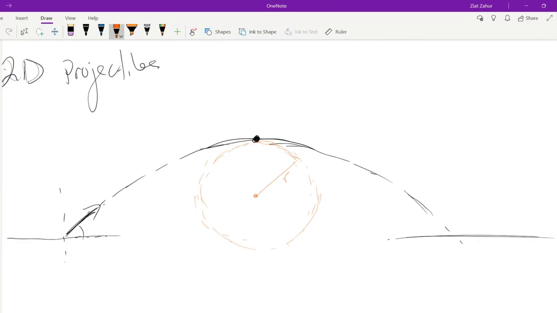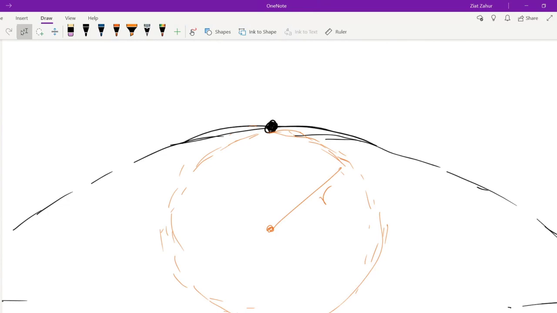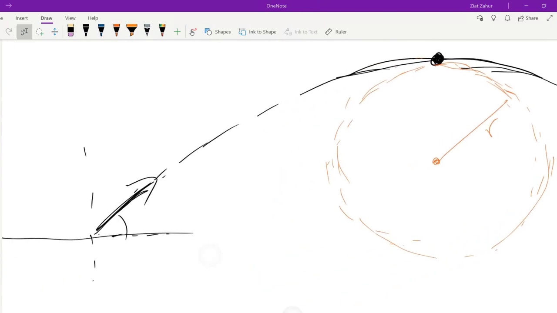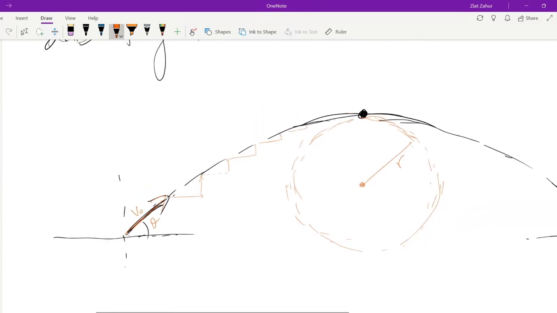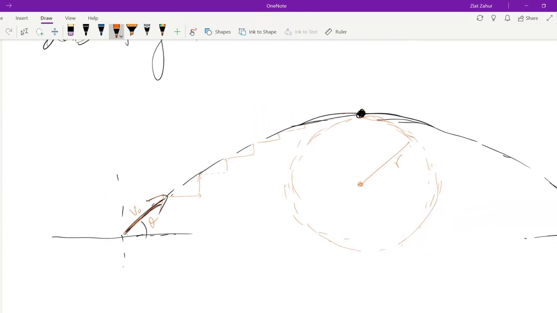Okay. And the reason why we can say that at the top of the parabola we're at UCM is because the velocity, even though it started off at an angle, the velocity in the y-axis starts to shrink, but the velocity in the x-axis remains the same, and therefore at the top you just have an x velocity that goes to the right. That's your net velocity.